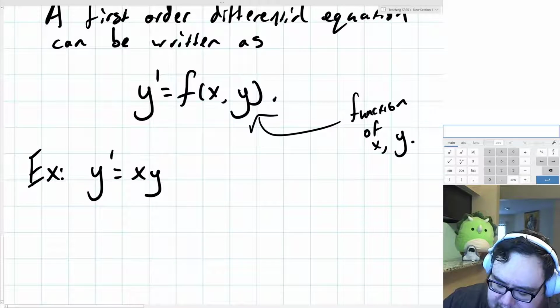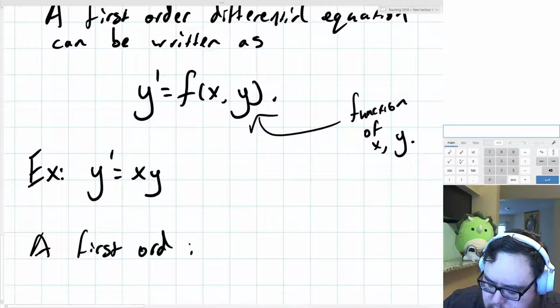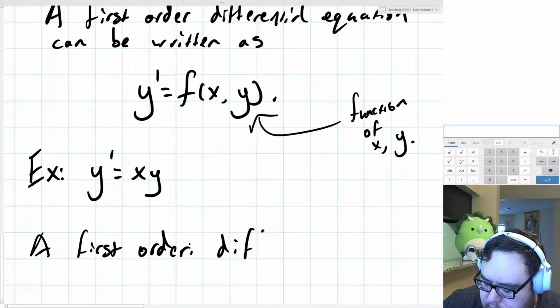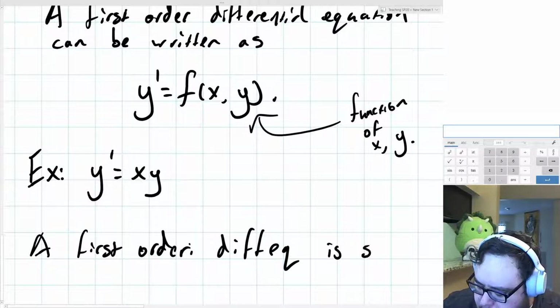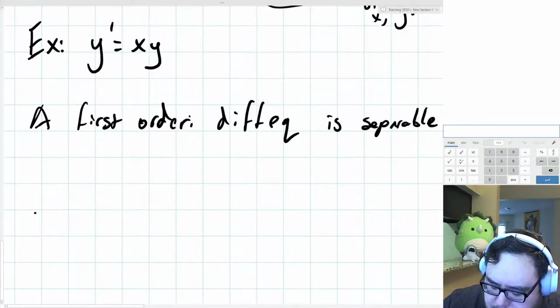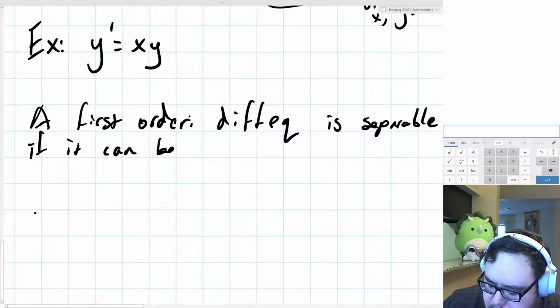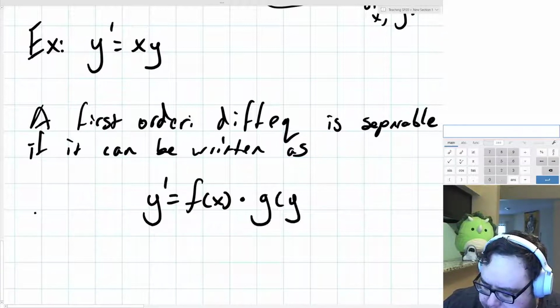And a first order diff eq is separable if it can be written as y prime is equal to f of x times g of y.